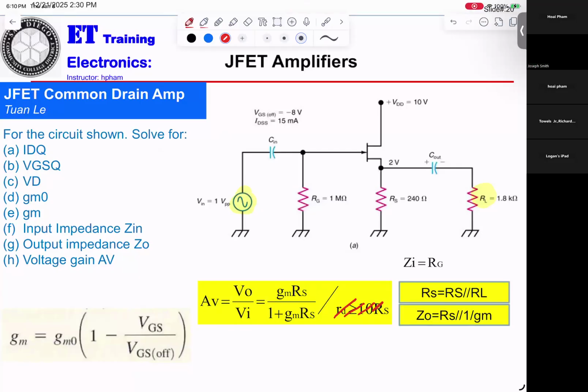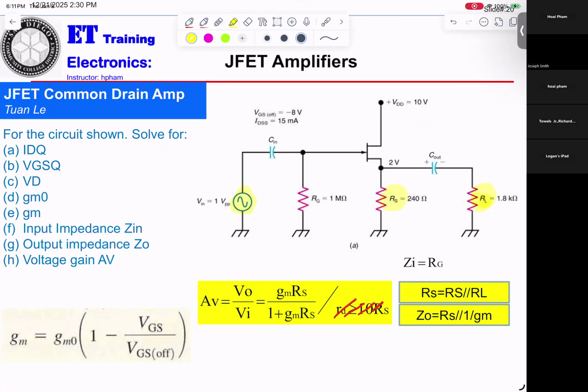If you want to calculate the RF, it's RS parallel with RL. RS here, RL here, the parallel.